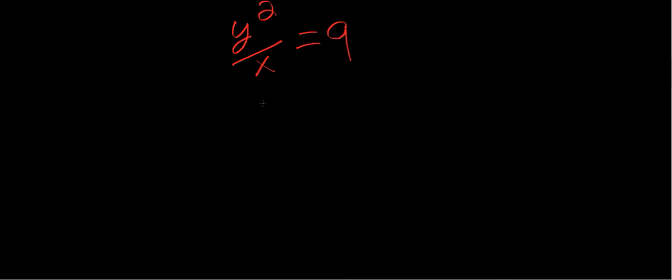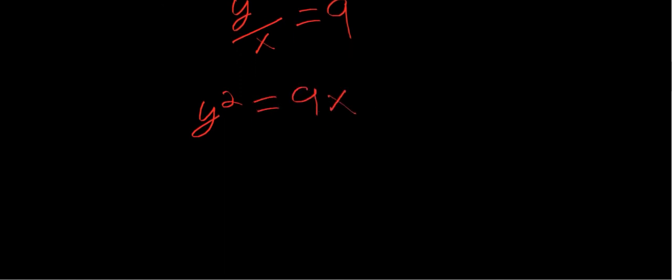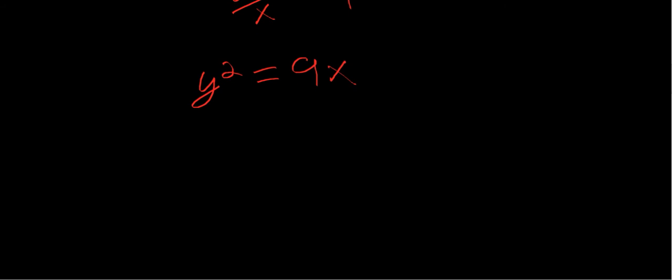Which in turn gives y squared equals 9x. And if we want our equation to equal 0, we just subtract one of the sides from both sides. So I'm going to subtract 9x from both sides, and this goes to 0. And then I have on the left side y squared minus 9x equals 0.